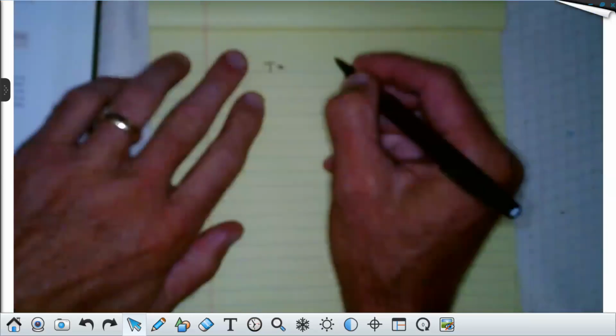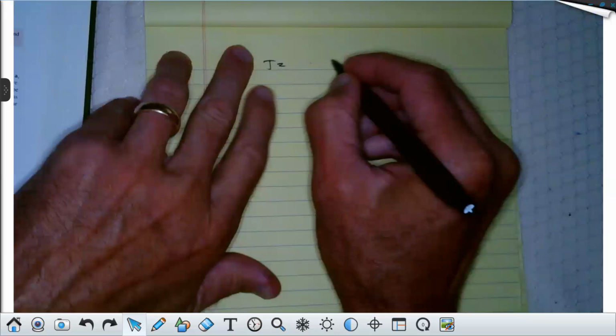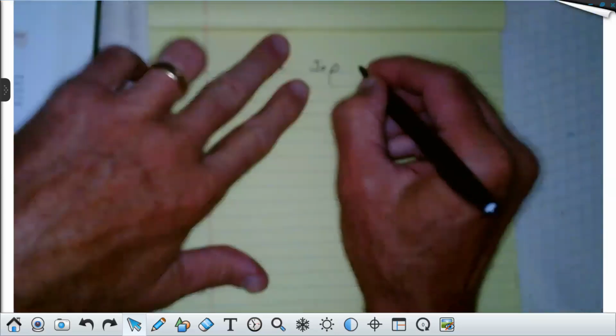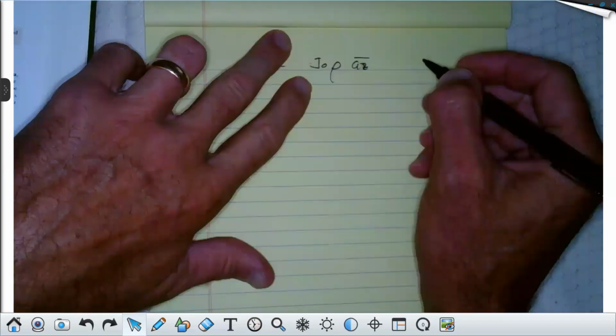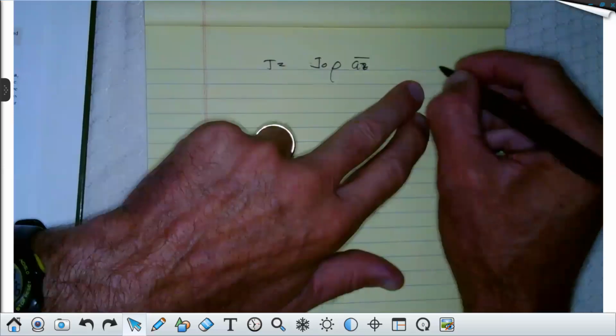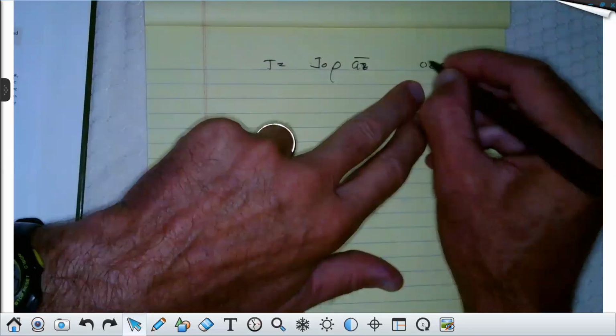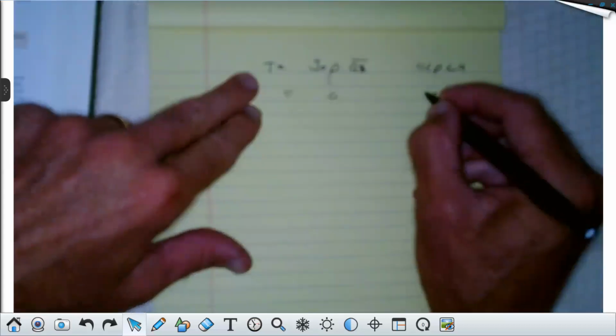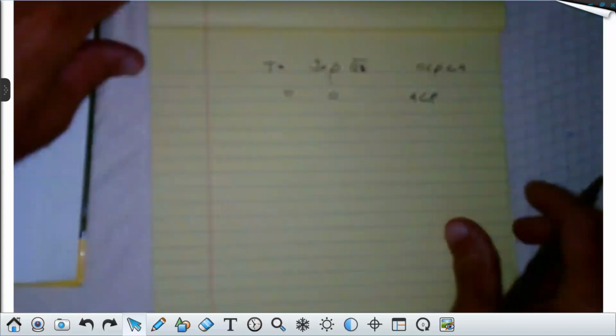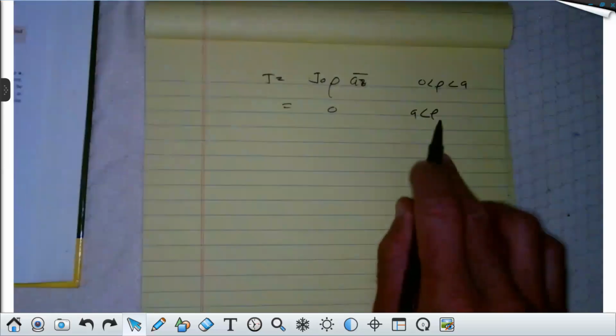So J is equal to J naught rho in the az direction, amps per meter squared, and it exists for rho greater than 0, less than a, and then J is 0 for rho greater than a. I hope you can see this.